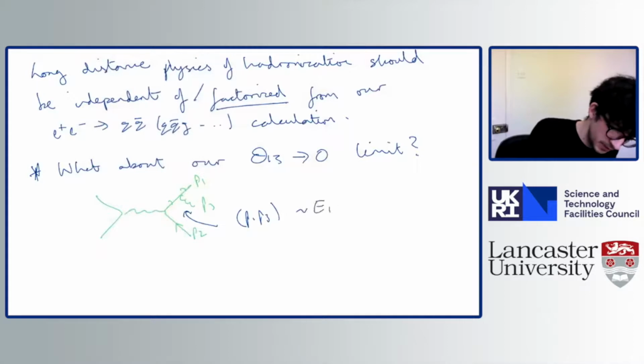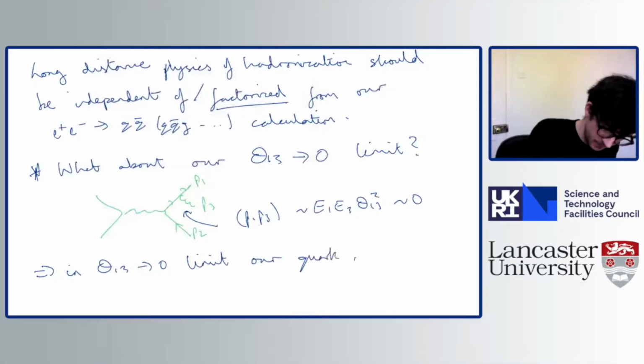Remember, that's of order E1, E3, theta 1,3 squared, which goes to 0. And therefore, in the theta 1,3 goes to 0 limit, our quark propagator goes on shell. In other words, the p squared of the propagator goes to 0.